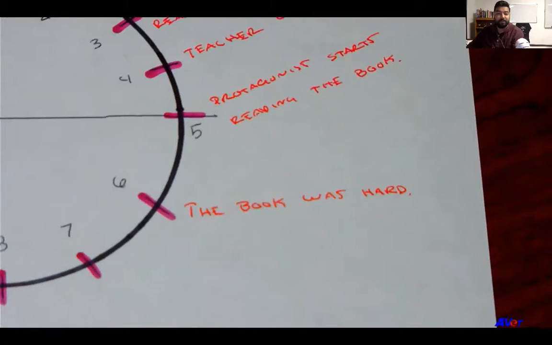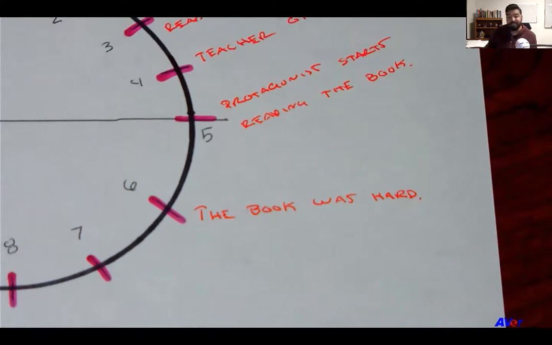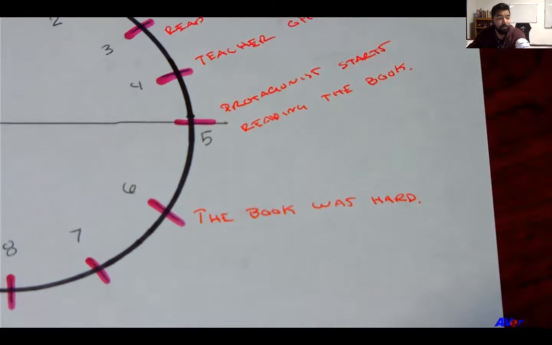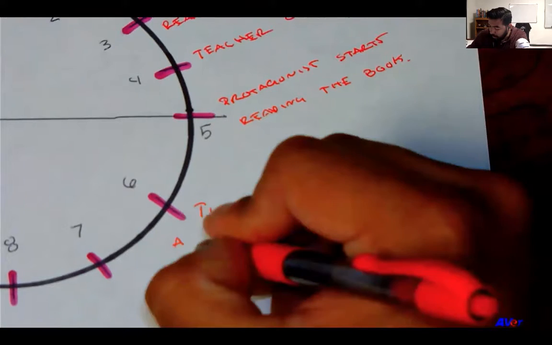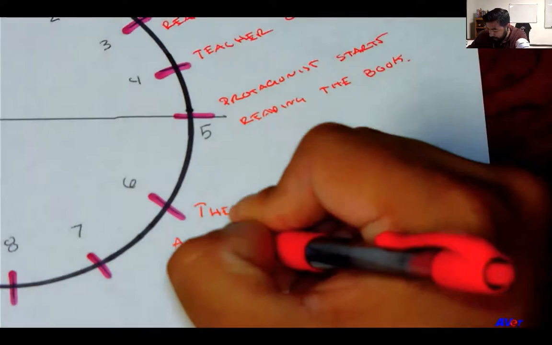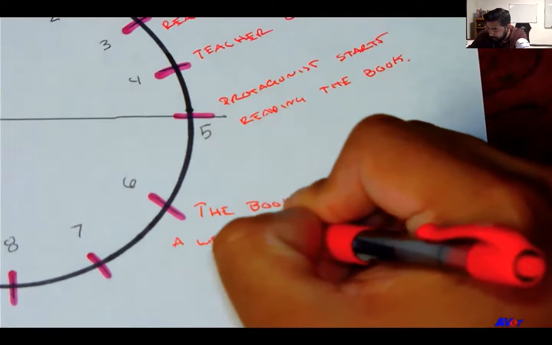Here we go. Number 6, that's the tests, allies, enemies. The book is hard. I'm going to say some time passes. This is the part of the story where time moves a little more, right? Let's say a week passes. I think it was about a week. A week passes.